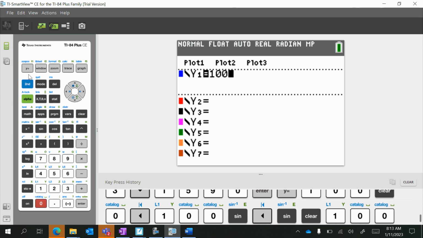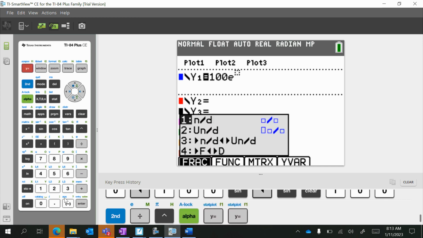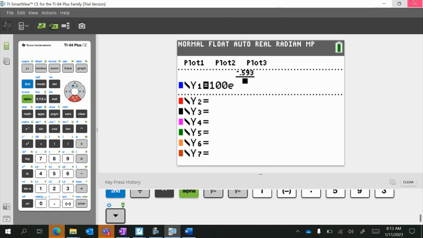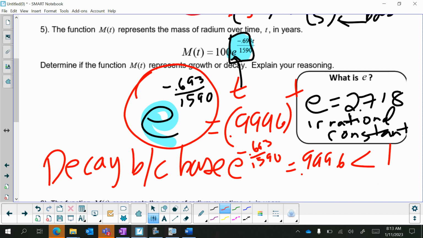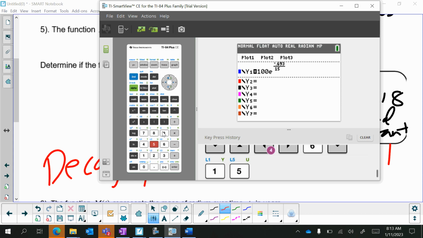And when you graph it, you're going to just see what it's doing, basically, if it's going up or down. But you got to put in the t. And then you're done.